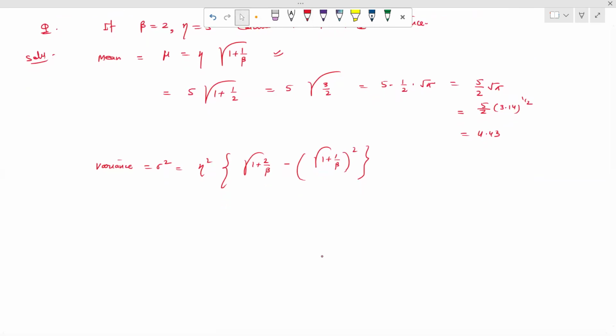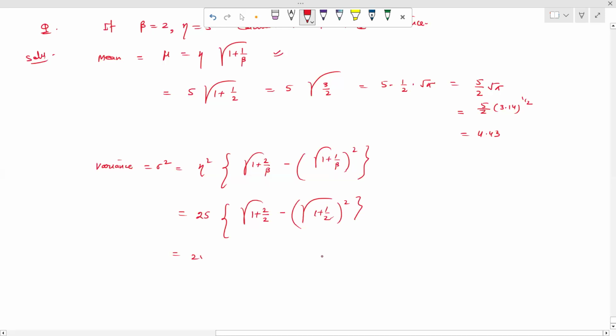Eta square means 5 square is 25. With beta equal to 2, 1 plus 2 upon 2 is 2, so gamma 2, minus gamma 3 by 2 to the whole square.